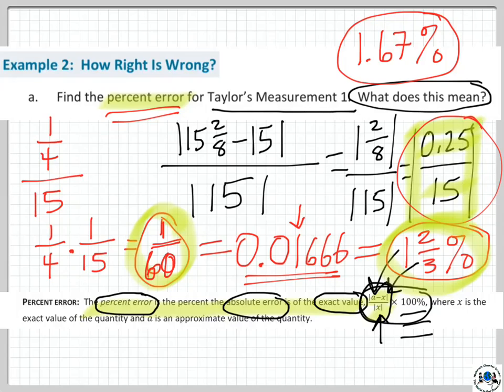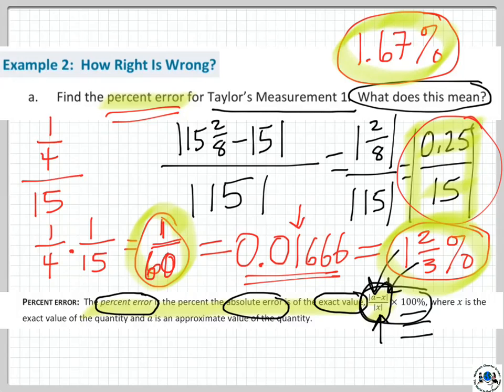But what we can discuss is, what does this actually mean? If I have a percent error here, Taylor's measurement 1 has a percent error of 1.67% or 1 2/3%. What does it mean?